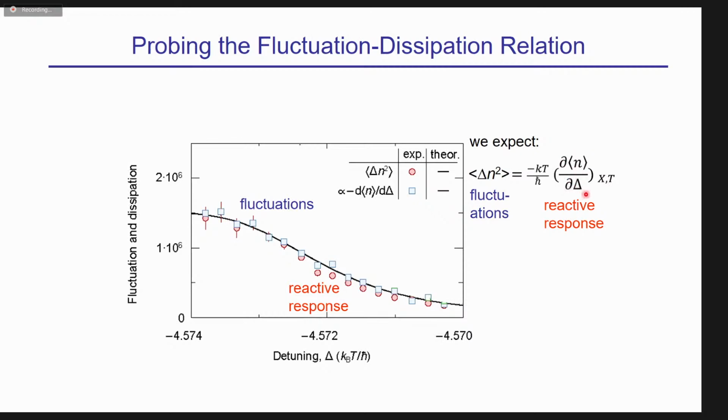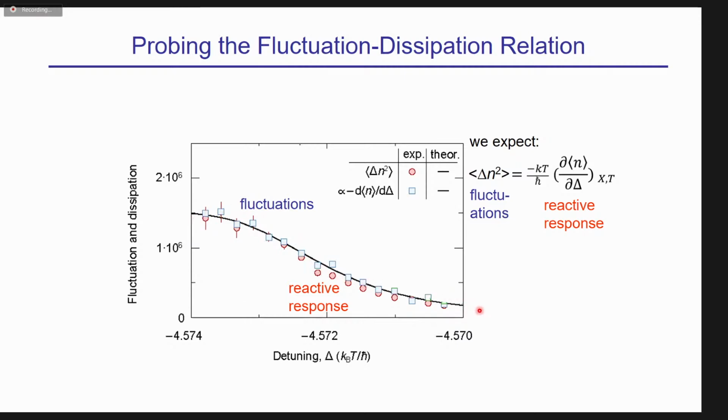So we take the derivative of the average photon number with respect to the cavity detuning, multiplied by kBT divided by h bar. You see that both the left and the right hand side, for different detunings, pretty well lie over each other.